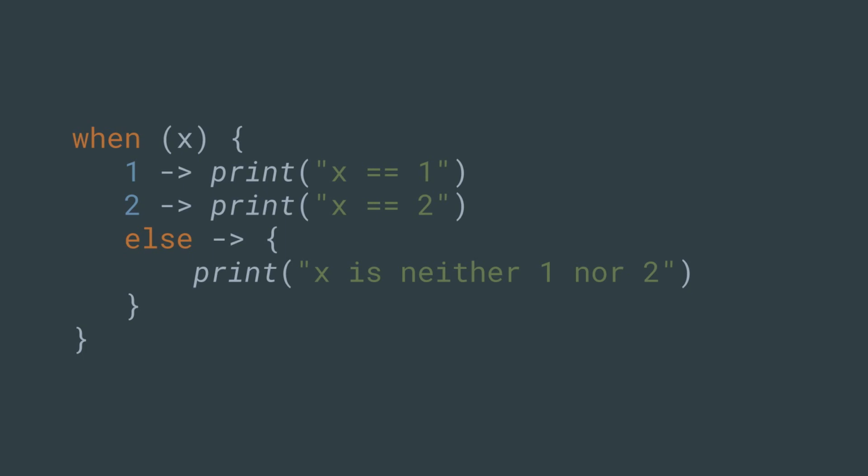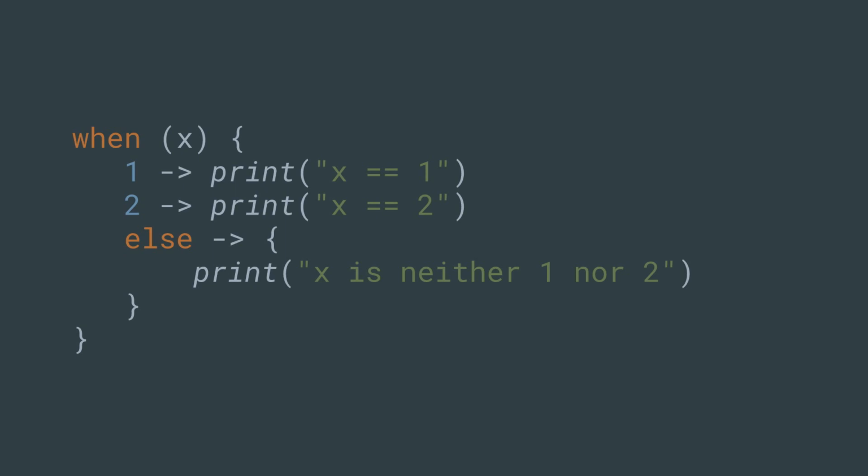Kotlin also has some other operators, some that you recognize from Java, some that you don't. The first one is the when operator. This example right here is similar to the good old switch case you find in pretty much every language, with the exception that you don't need all those breaks. You can just specify it like this.